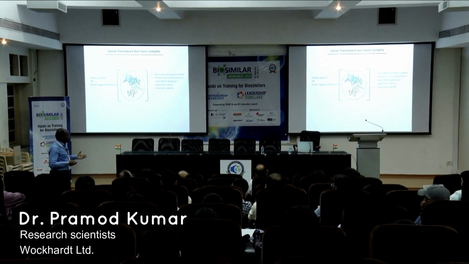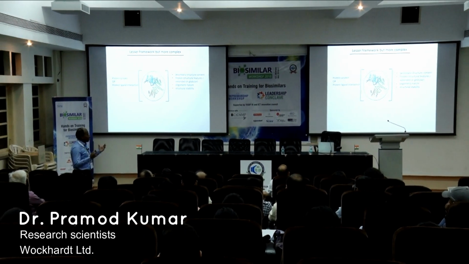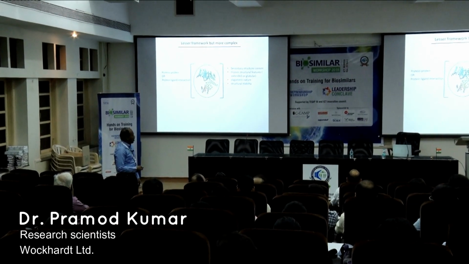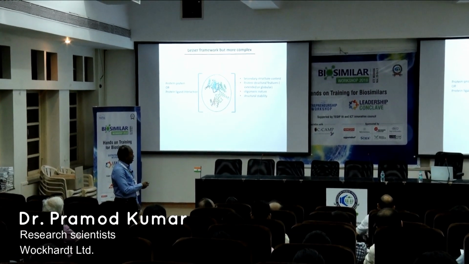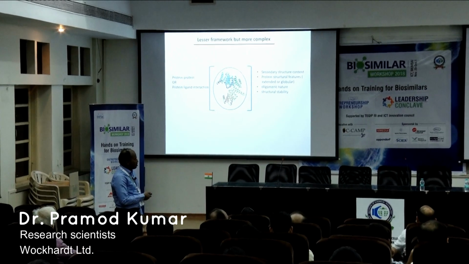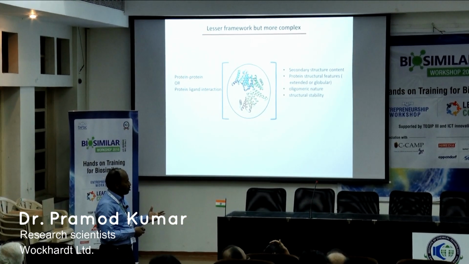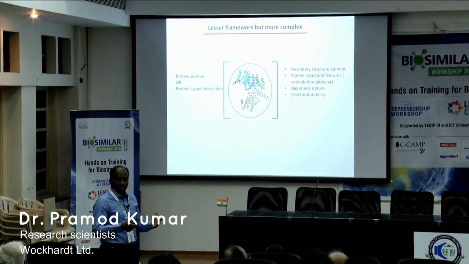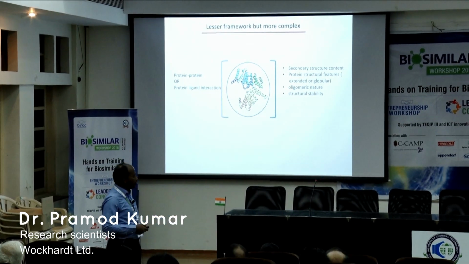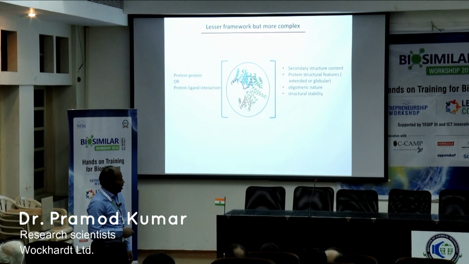What we are interested in understanding in protein structural analysis is that we investigate the secondary structural content, which is alpha helices and beta strands, and then the protein structural features, whether it is an extended or globular type, and we want to truly understand the oligomeric nature of the protein molecule.